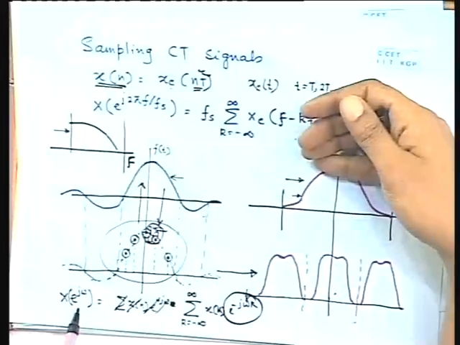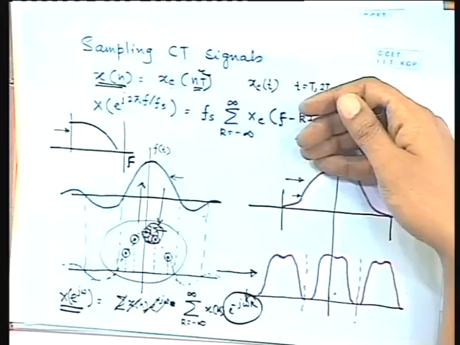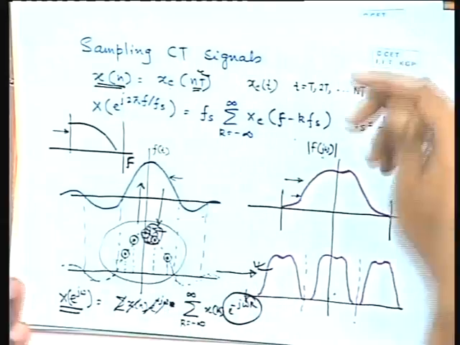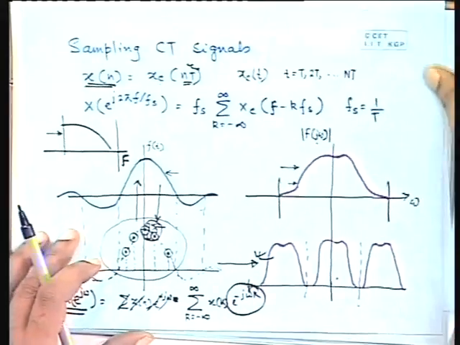So the value of X(e to the power j omega) must repeat: from whatever value you get from 0 to 2 pi, you will get the same value again from 2 pi to 4 pi, again from 4 pi to 6 pi. So this must repeat.